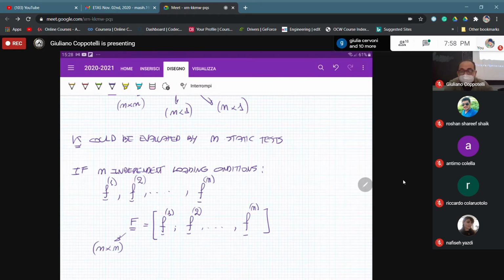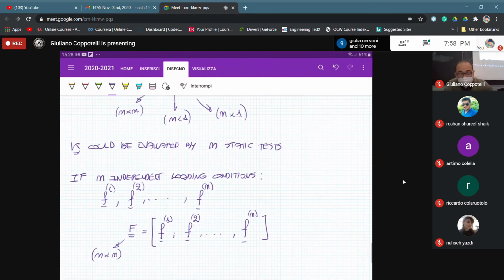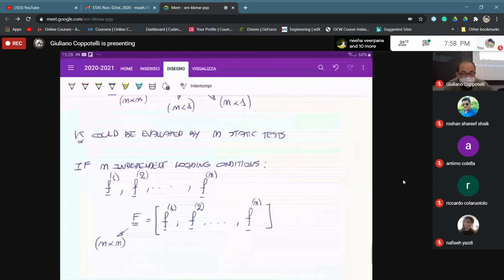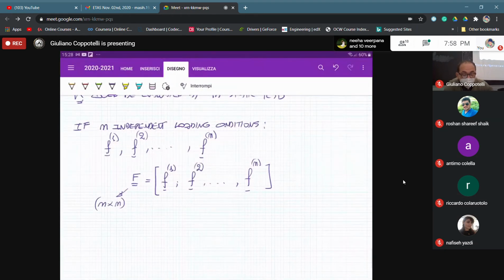And then rewrite the static problem, the first one, by introducing the corresponding displacement matrix, because we can have this matrix of displacement that is composed by the displacement corresponding to the first loading condition. Then we have the second displacement corresponding to the second, and up until we reach the last loading condition n.